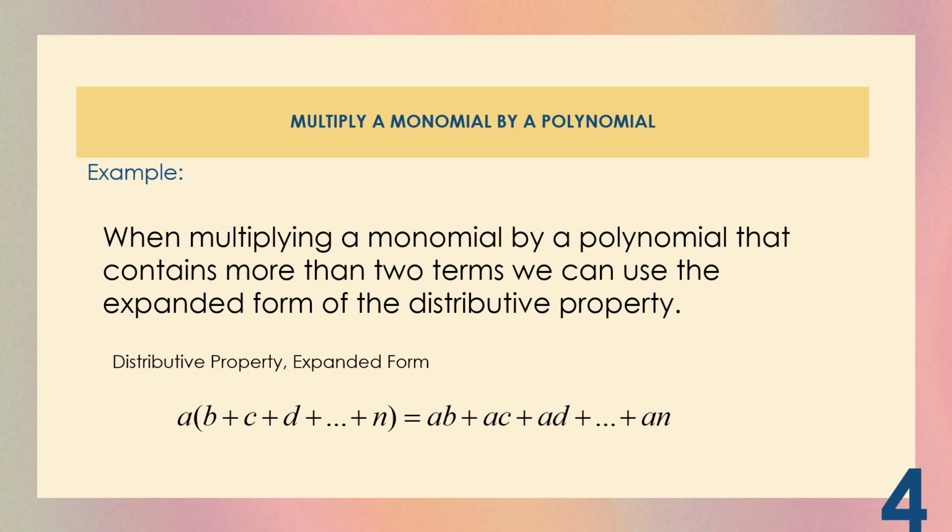When multiplying a monomial by a polynomial that contains more than two terms, we can use the expanded form of the distributive property. A times B plus C up to N terms is AB plus AC and so on. That means we need to distribute to this one, and this one, and so on.